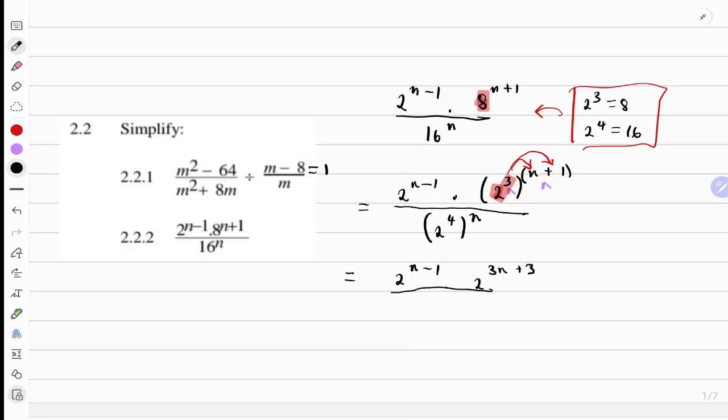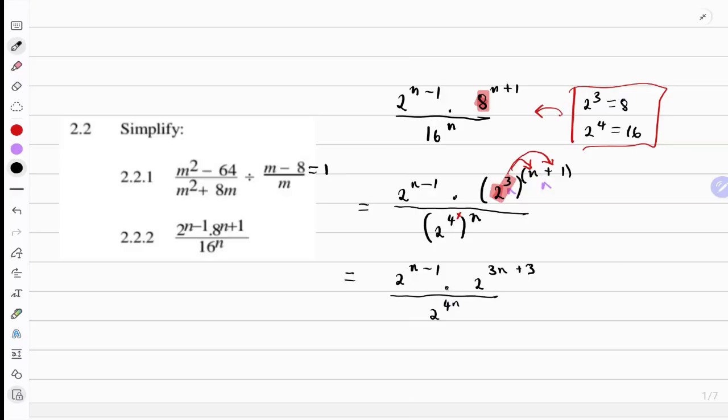And in the denominator, 2 to the power of 4, again you distribute because you're raising an exponent to another exponent, so you multiply. 4 times n is 4n, so it's 2 to the power of 4n.